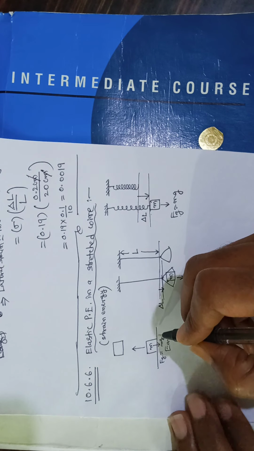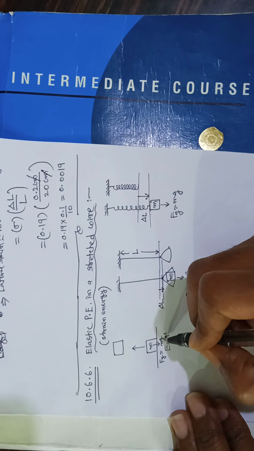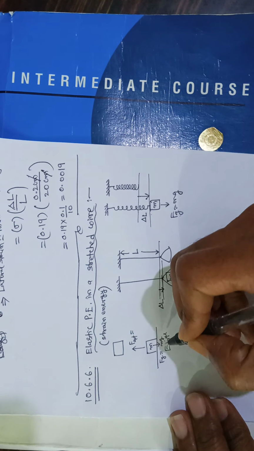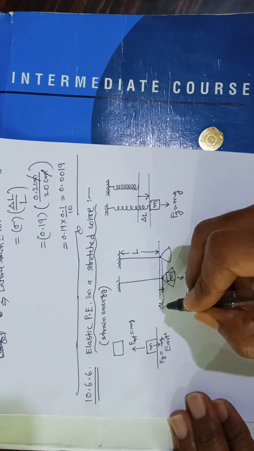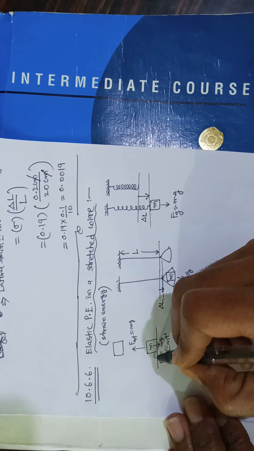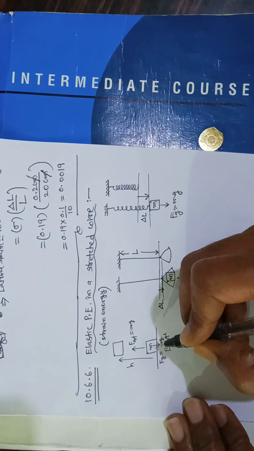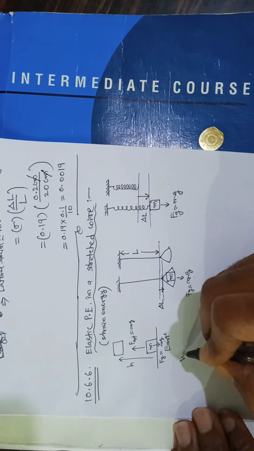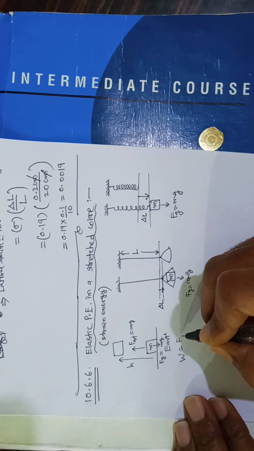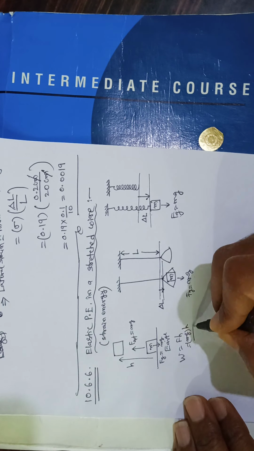How much force is required to lift the body? The force must be at least equal to this. So the external force must be at least equal to this. And displacement. The body is displaced vertically through some distance h. So the work done is equal to force into displacement, that is mg into h, mgh.